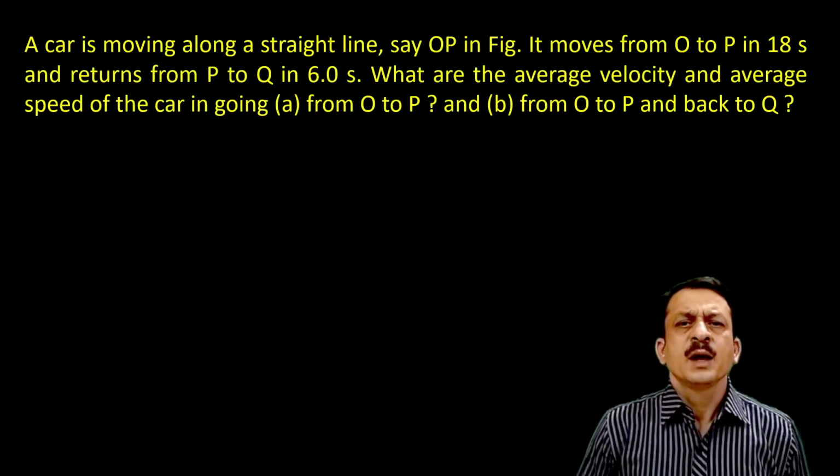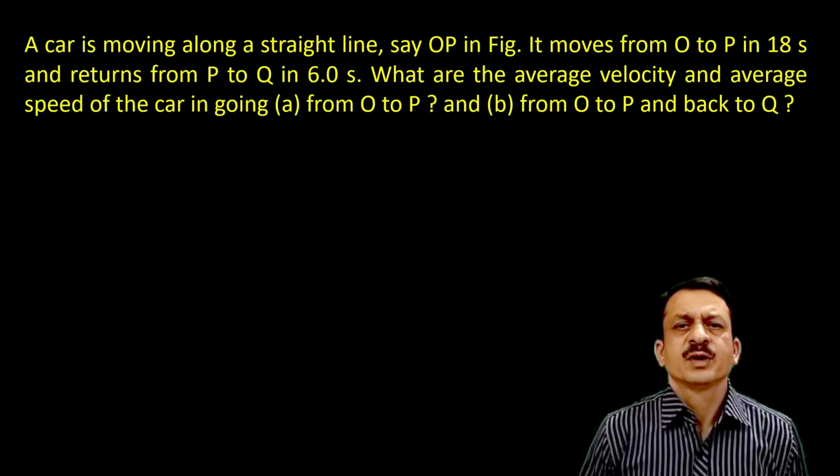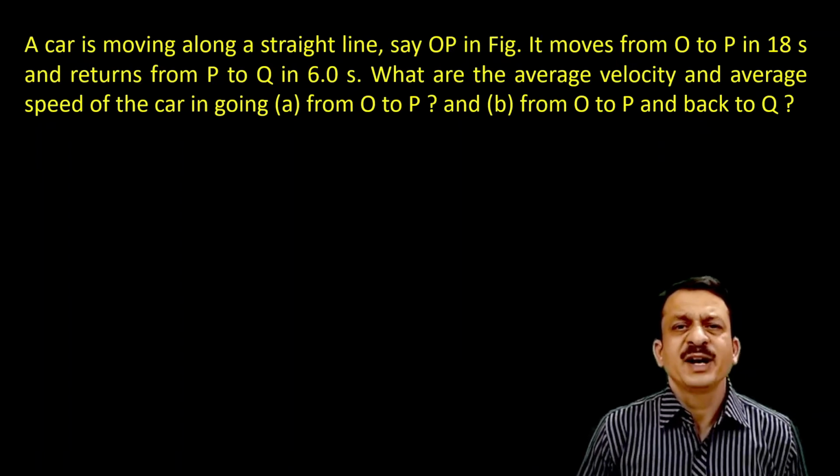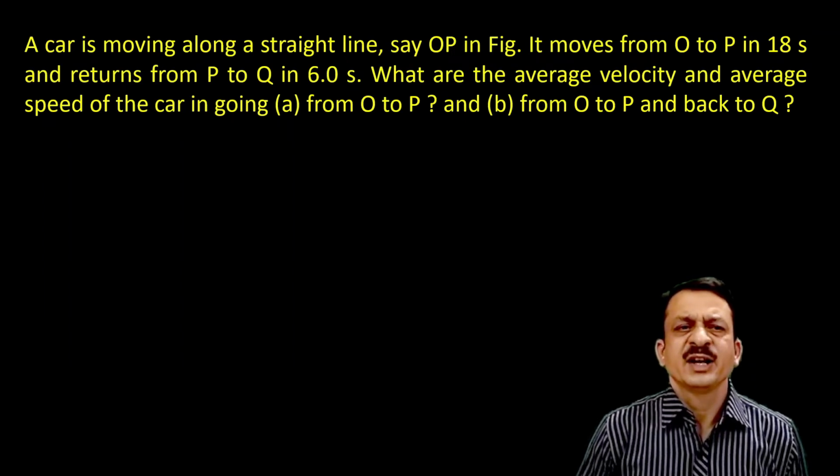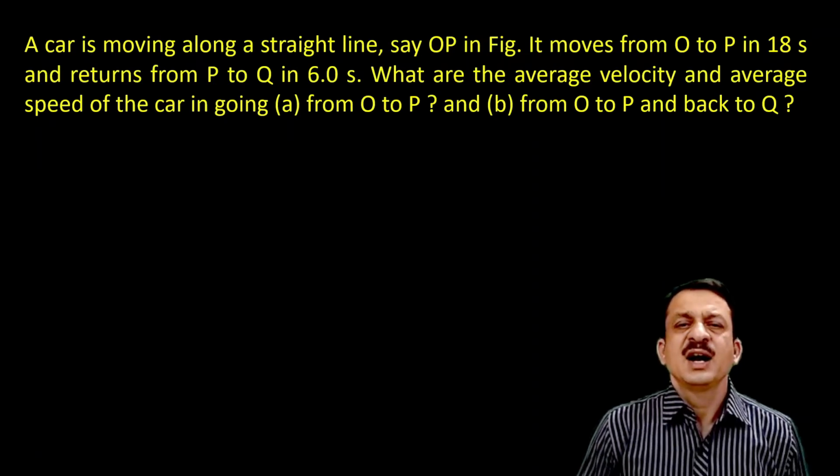Now we will work out one problem here to distinguish between the average speed and the average velocity. A car moving along a straight line, say OP as shown in the figure, moves from point O to P in 18 seconds and returns back to the point Q in 6 seconds.